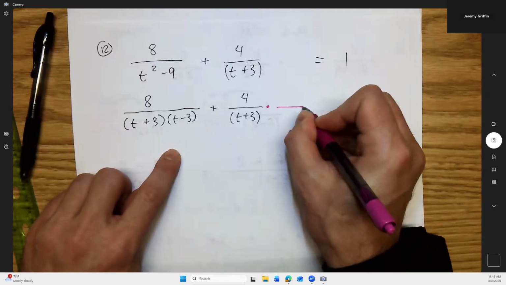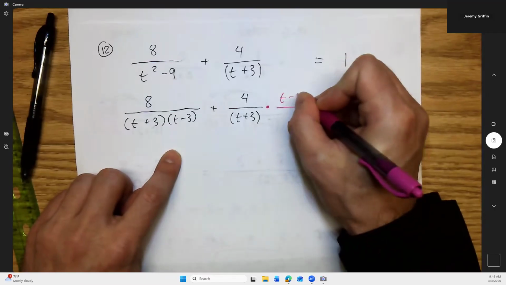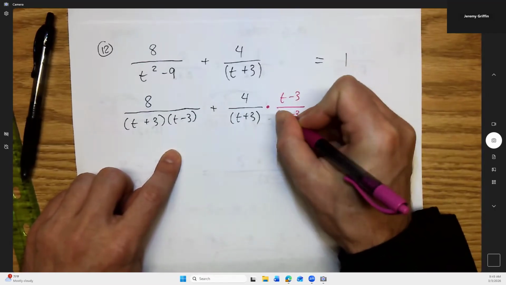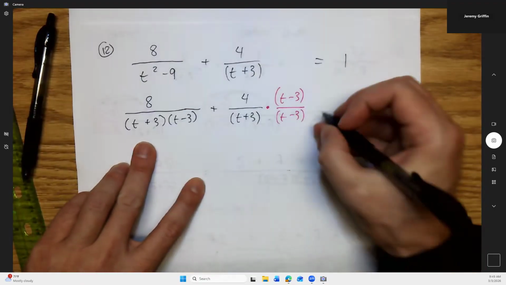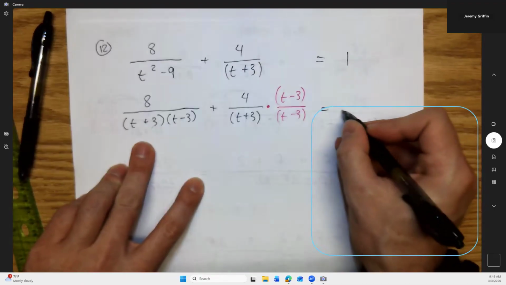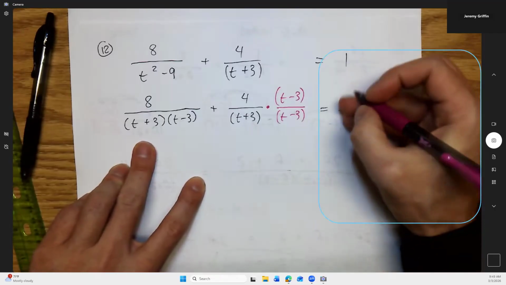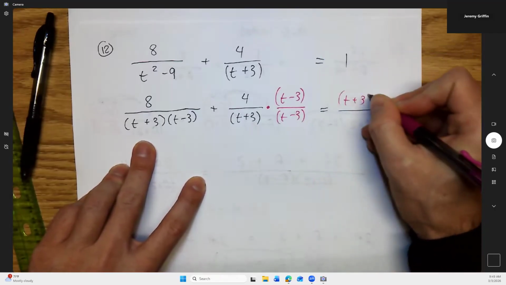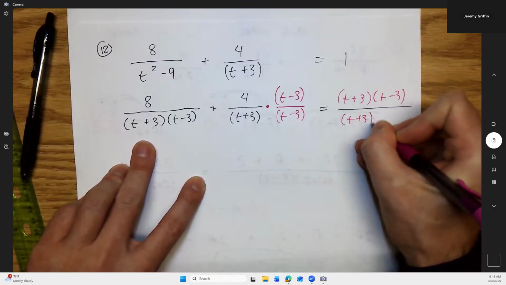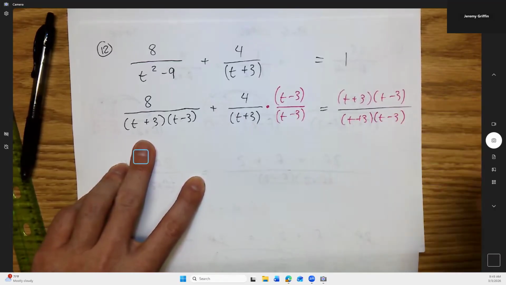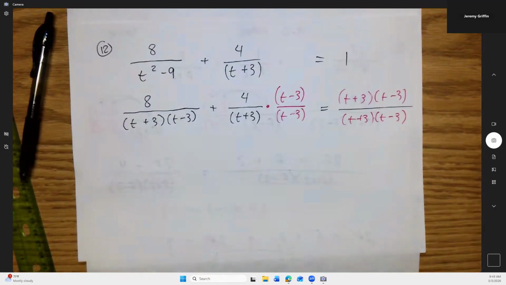You just have to multiply by whatever? T minus 3 over t minus 3. And now the denominators do match. And that's equal to, well, guys, what is 1 equal to? Could that just be t plus 3, t minus 3 over t plus 3, t minus 3? It's not the same thing, that's equal to 1.